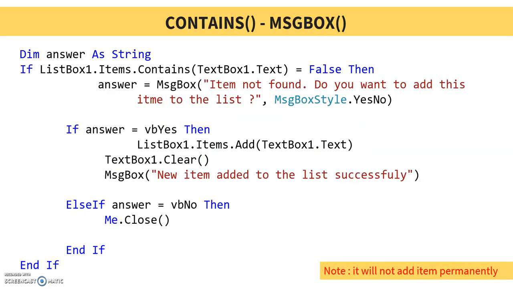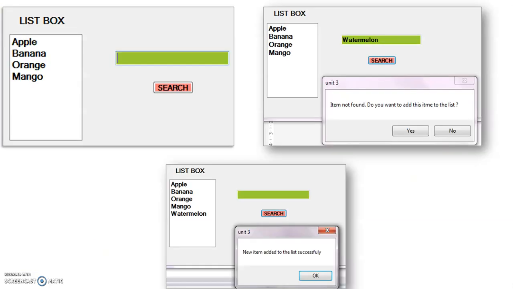Let's understand this with one example. This is the code, but before discussing the code, I would like to give you the idea of what we want to do. So let's understand these three different images one by one. Here we have taken one list box.